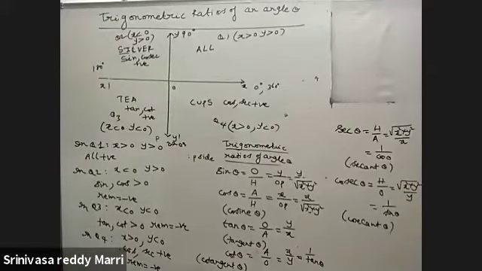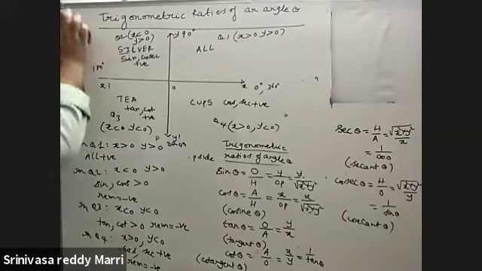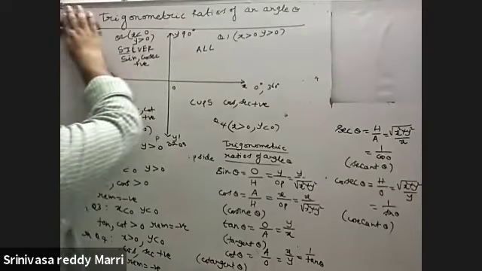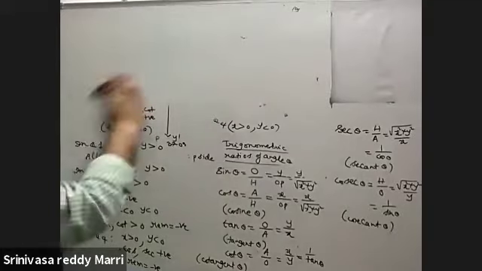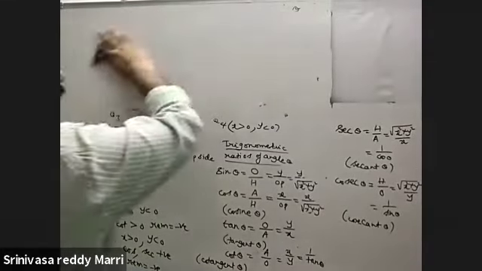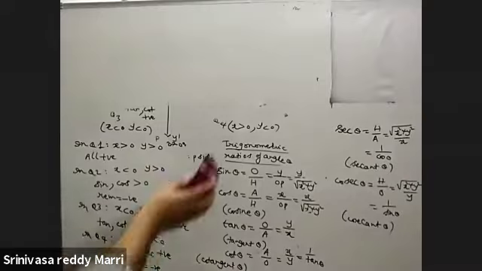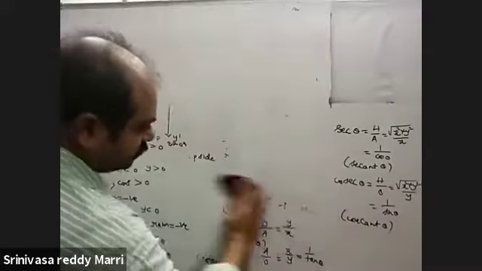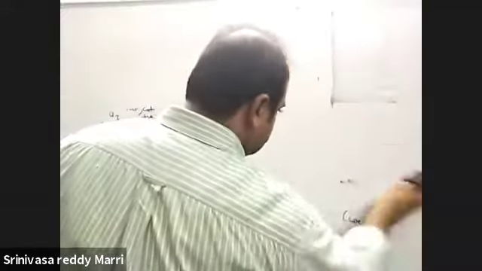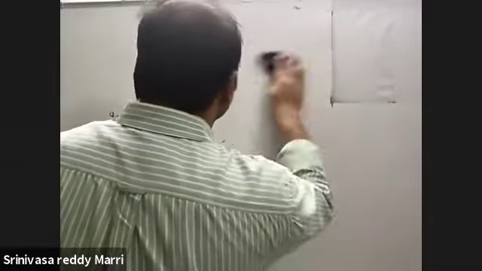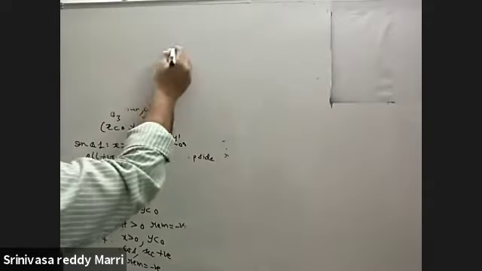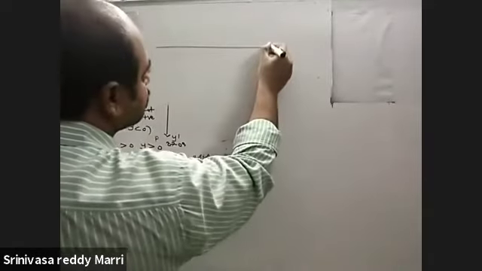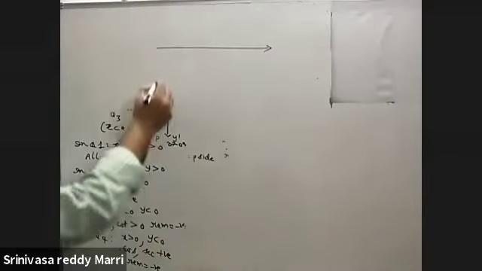Look at how to find trigonometric ratios if one trigonometric ratio is given. Again I am drawing the quadrants.